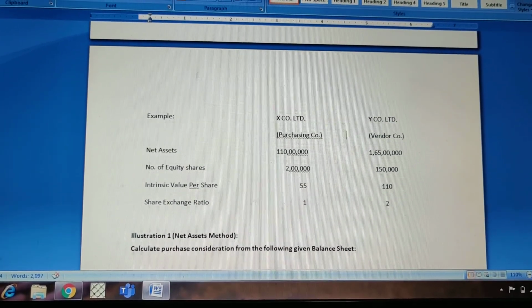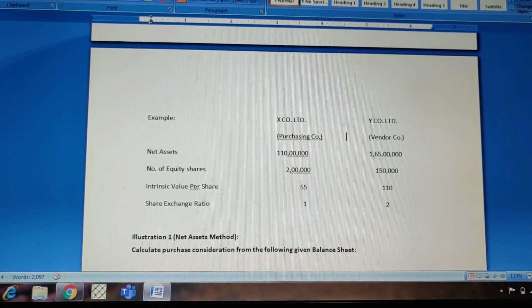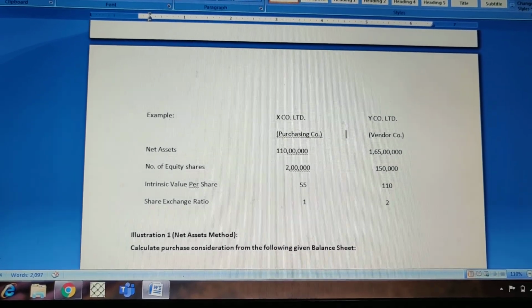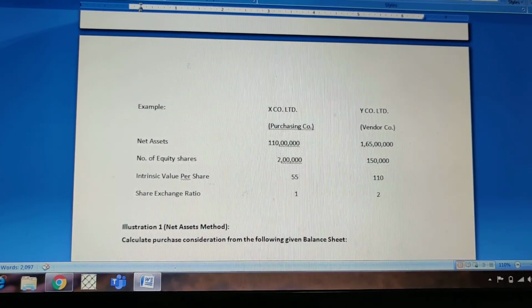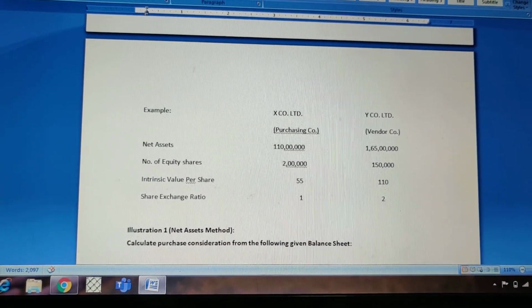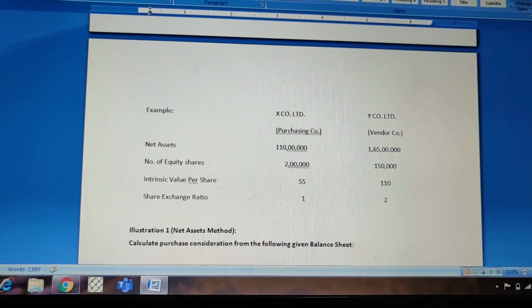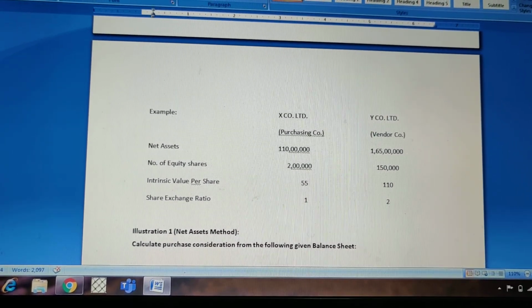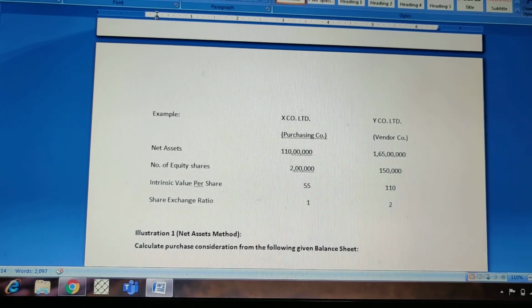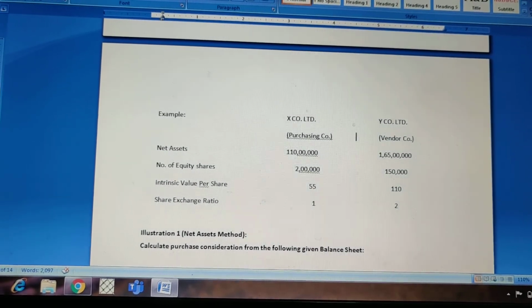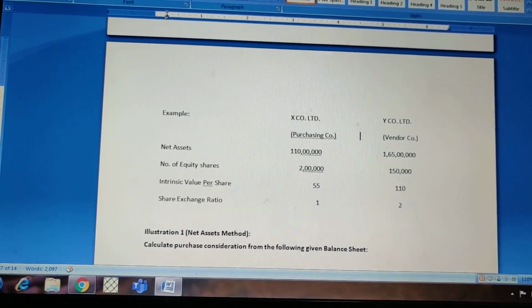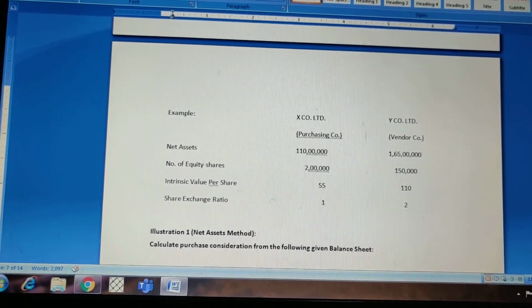Obviously 2 times. If you divide 110 by 55, the share exchange ratio will be calculated as 1 and 2. So I think it will be clear in your mind that Y Limited will get 2 shares for 1 share in X Limited.